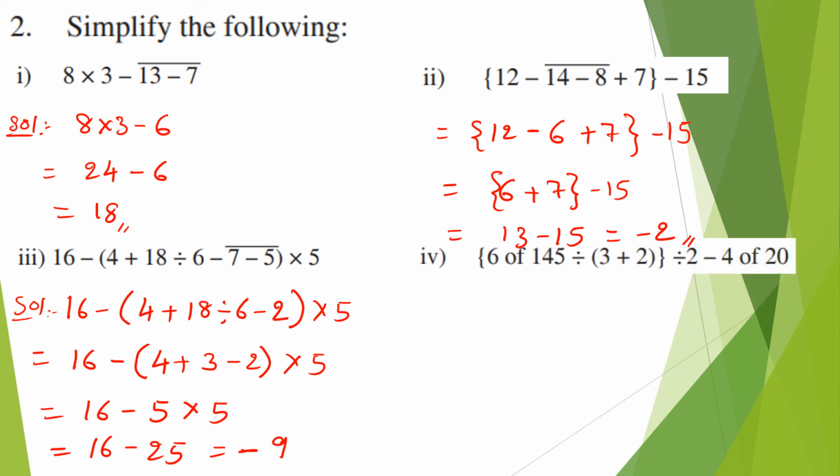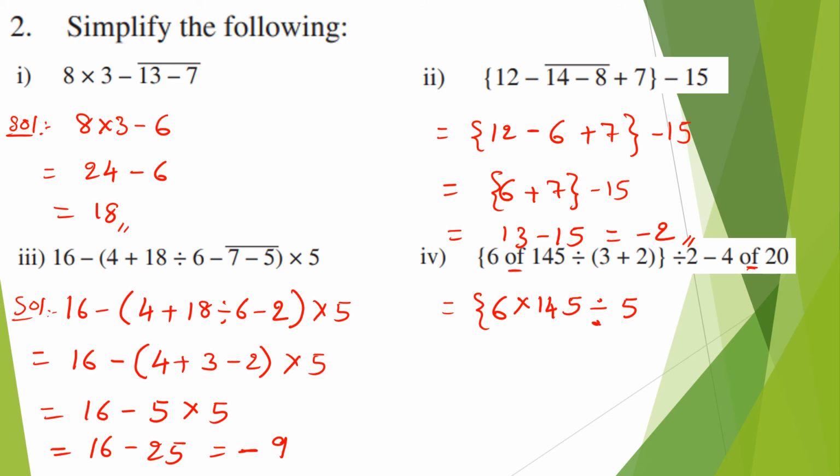Let us see one more question. Look at this: 6 of 145 divided by of 3 plus 2, divided by 2 minus 4 of 20. Here of means into. We should write it like this. First write it down: 6 into 145 divided by, and 3 plus 2 is 5. First remove these brackets, that is 5.